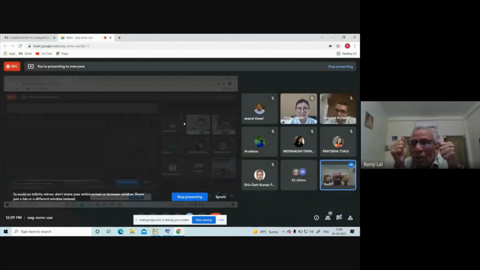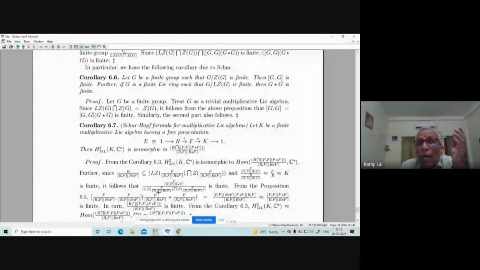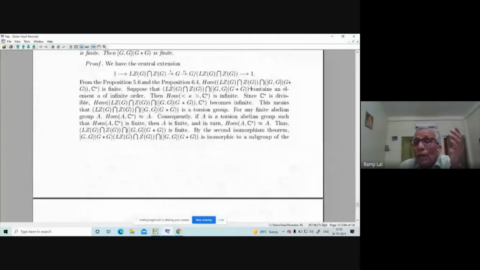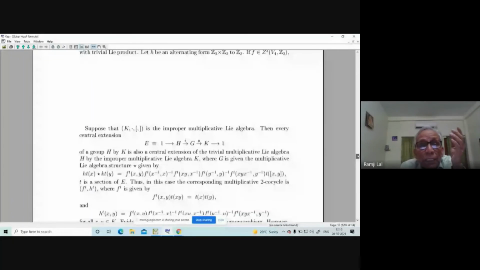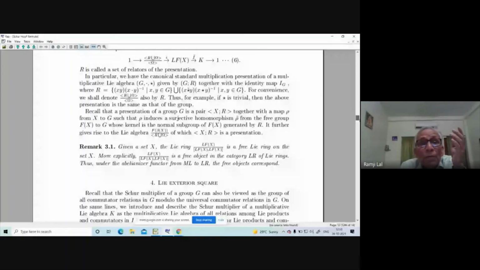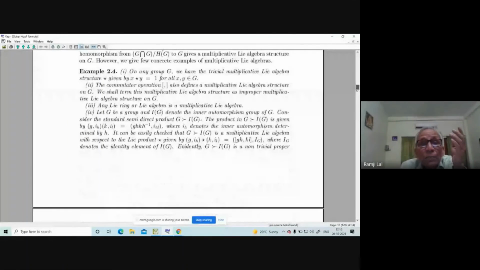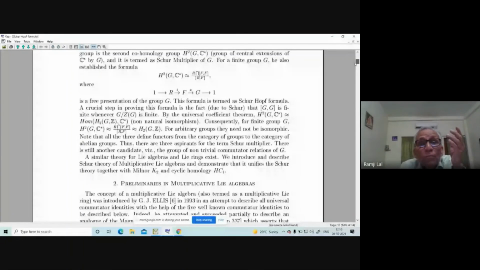Initially, I motivated the concept of multiplicative algebra with the idea that it amounts to having a homomorphism.